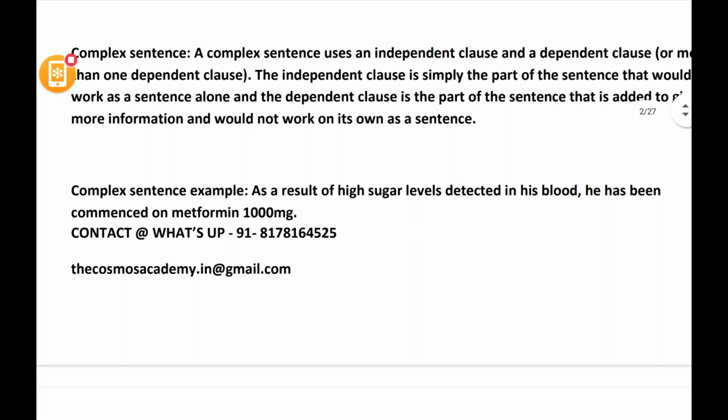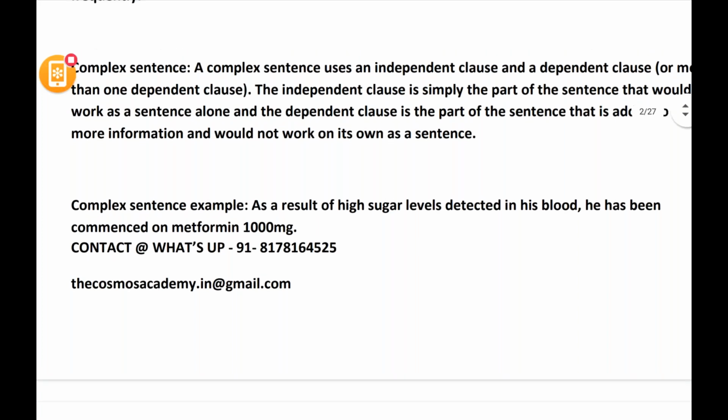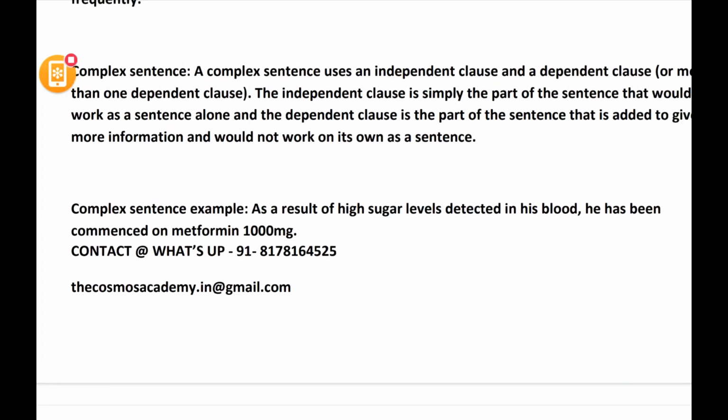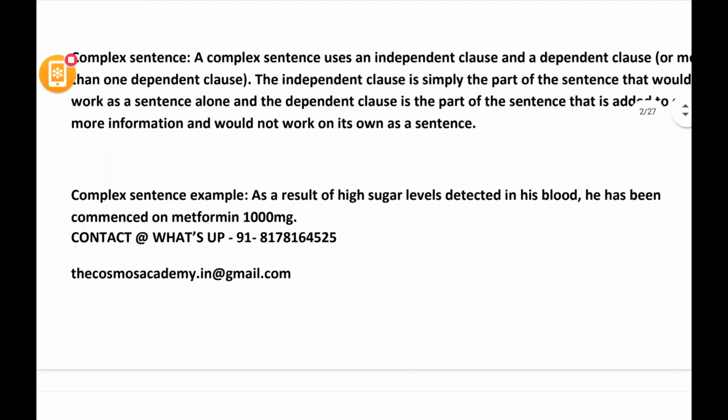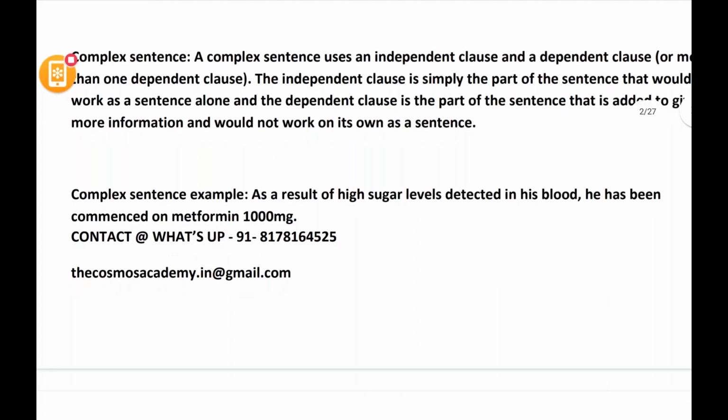So metformin is dependent on the sugar level. Are you getting me? That is why it is a complex sentence here. You have to understand this because you have to make sentences like this in the letter. That will increase your score.